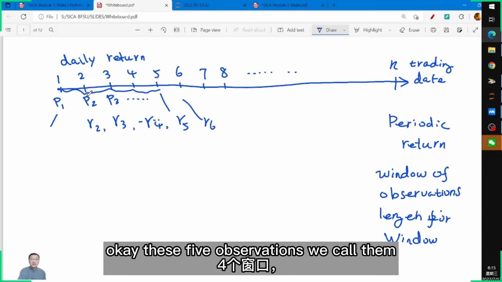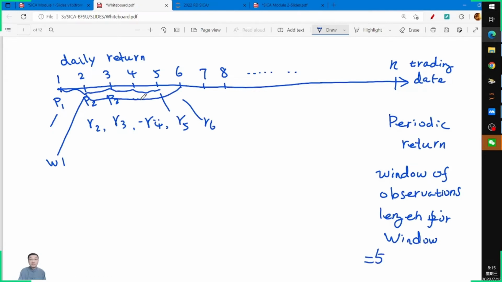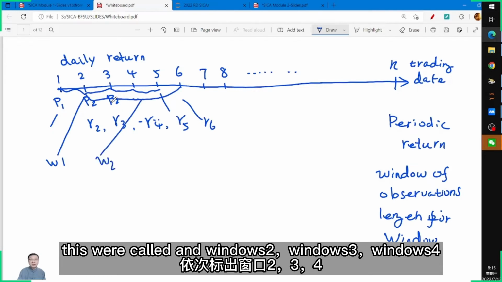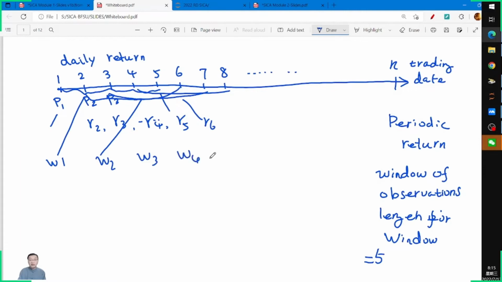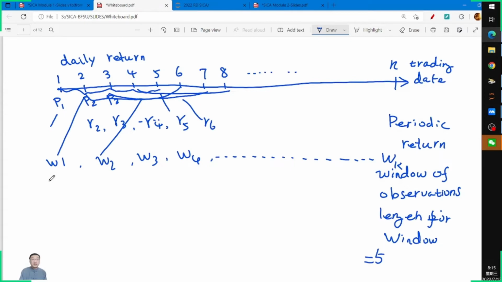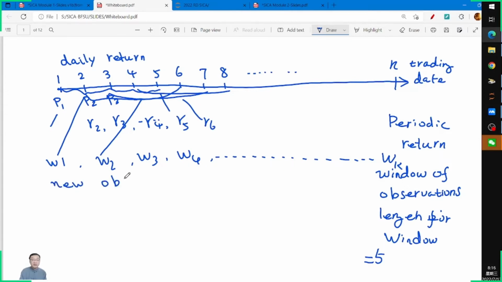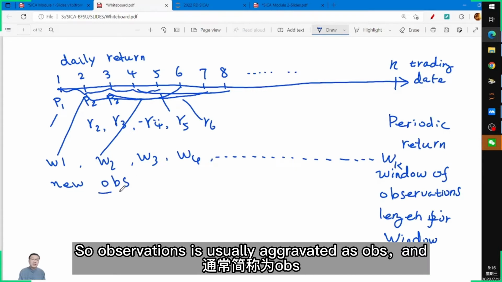These 5 observations, we call them window 1. And starting from the second point here, this we call window 2, window 3, window 4. Now we have a series of new observations. Observations is usually abbreviated as OBS.